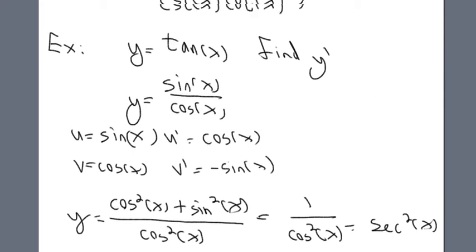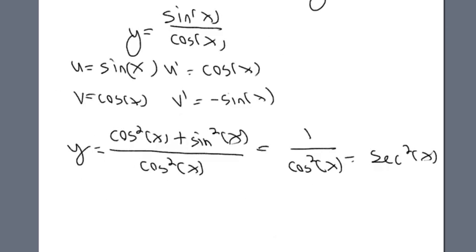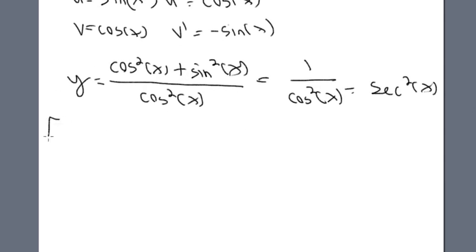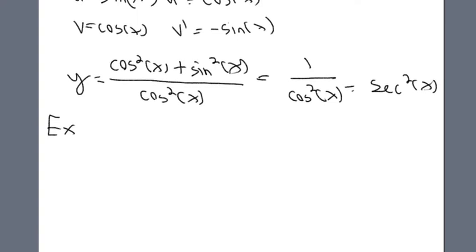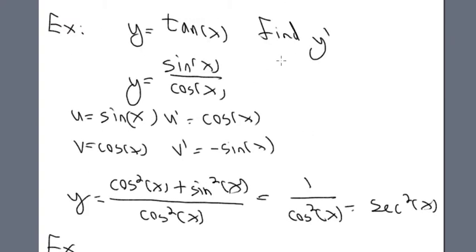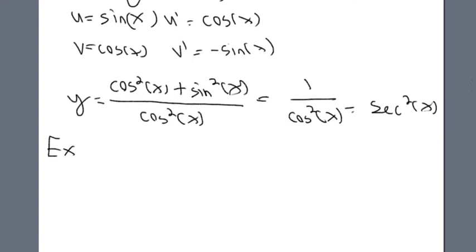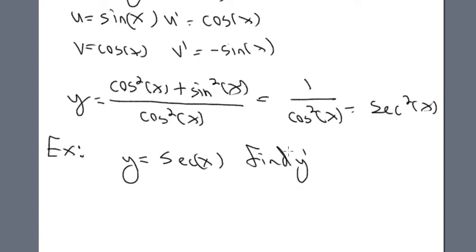Let's take a look at another example. How about secant x? Because cotangent x would be pretty much the same thing, just everything flipped. It'd be cosine over sine, v and u would be swapped, and so stuff down here would be swapped, but for the most part it's the same thing. Now, example, if y equals secant x, find y prime.